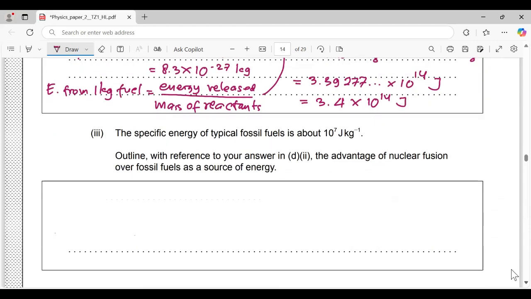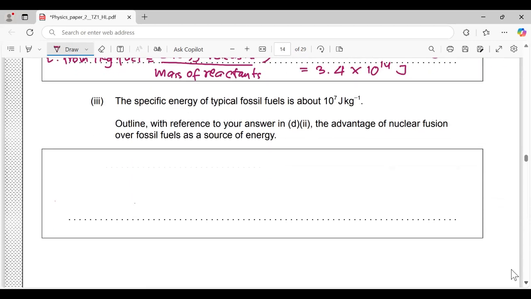Next. The specific energy of typical fossil fuels is about 10 power 7 joule per kilogram.